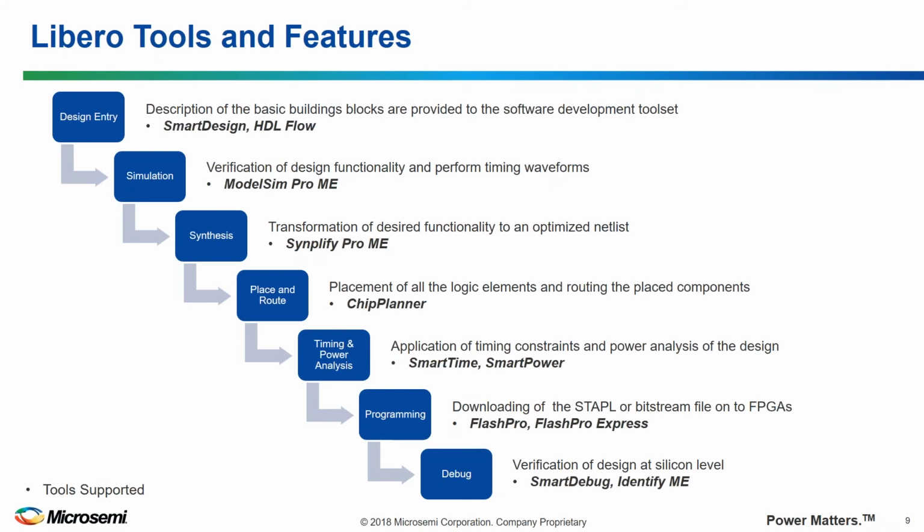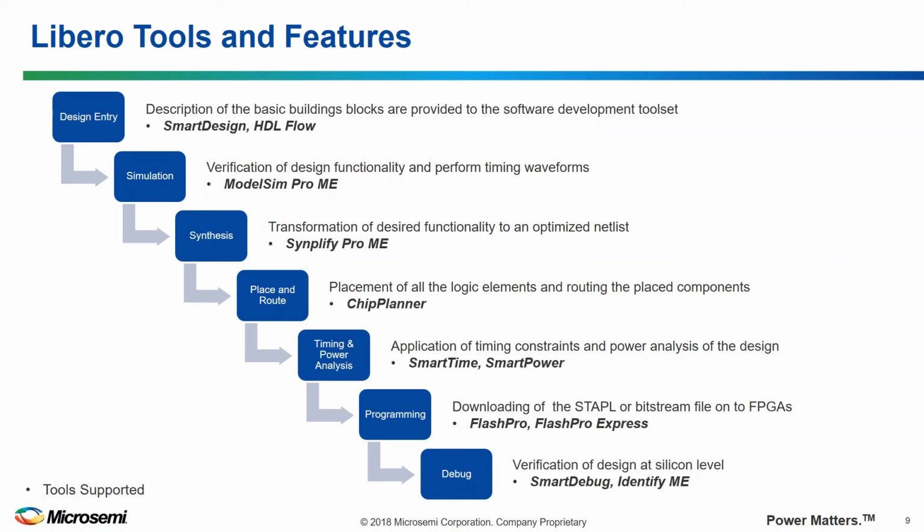So this slide shows the different tools and features that are included in Libero SoC PolarFire as you go through the design flow. So we start out with design entry, and with design entry, we have a tool called SmartDesign that I'll introduce you to that allows you to stitch blocks together, or you could use a traditional HDL flow and use Verilog or VHDL to implement your design.